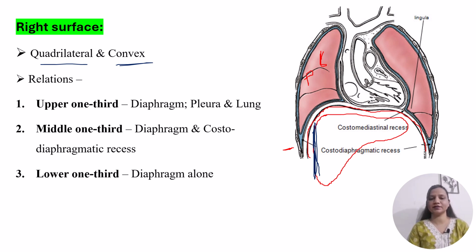As we have already discussed, the convexity is because of the presence of the diaphragm here, and the relations of this right surface are that the upper one third is related with the diaphragm, pleura, and lung, which you can clearly appreciate in this picture.